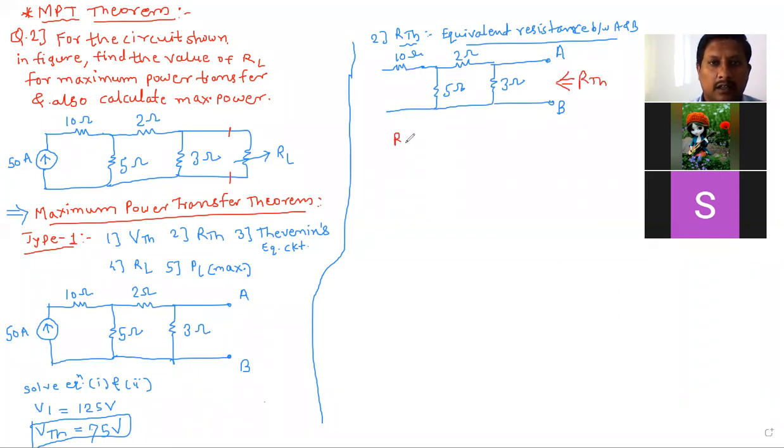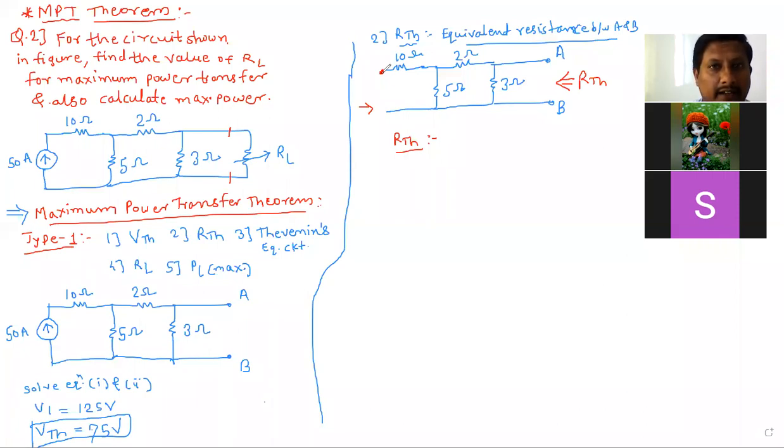Now who will tell how to write the RTH? You have to measure from the opposite side. Whether we have to consider the 10 or not, that is the question. Should we consider 10? No. Okay, because the 10 ohm resistor is not connected anywhere in the circuit. Here, if this were shorted, we would have considered it. So the second point of the 10 ohm resistor is disconnected.